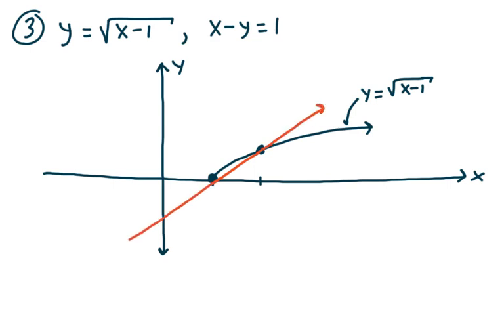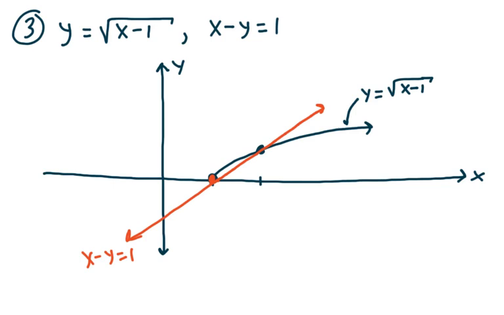But we're going to get something that looks like this. Like so. So this is x minus y equals 1. So again, when y is 1, x is 2. So 2, 1. So when y is 0, x is 1. That's here.